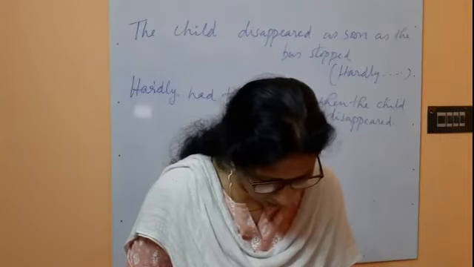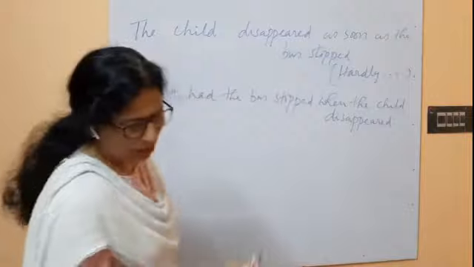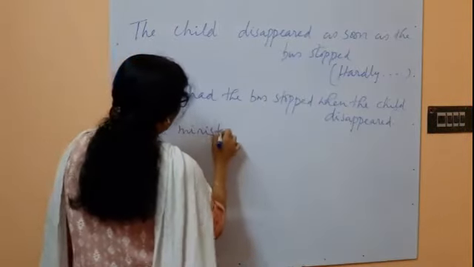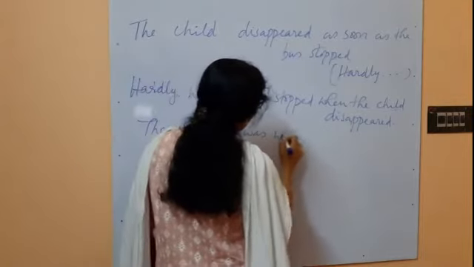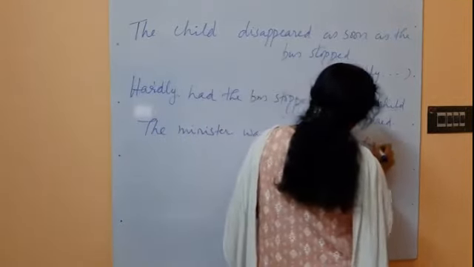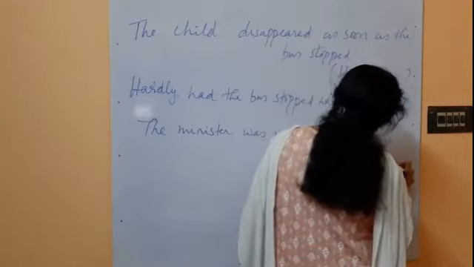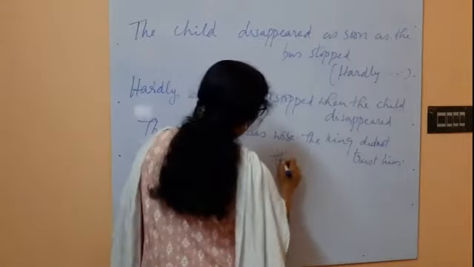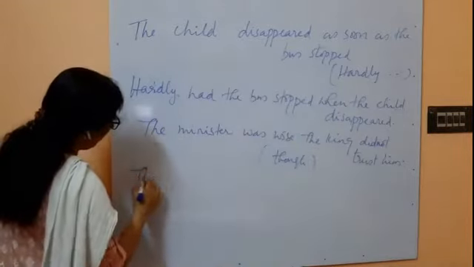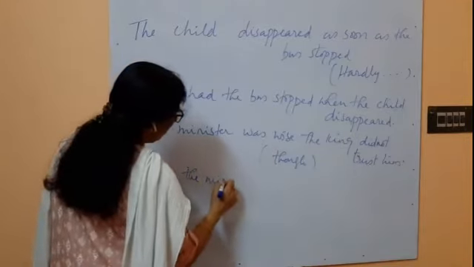The minister was wise, the king did not trust him. It is with though. Very simple. We know that we begin the sentence with though. Though the minister was wise, the king did not trust him.